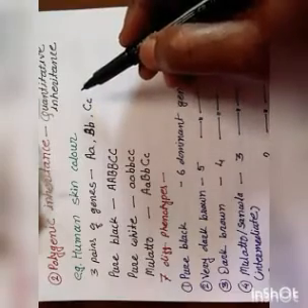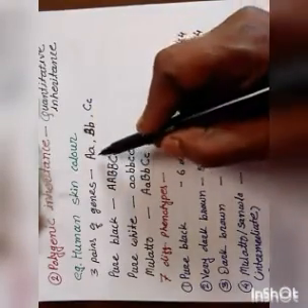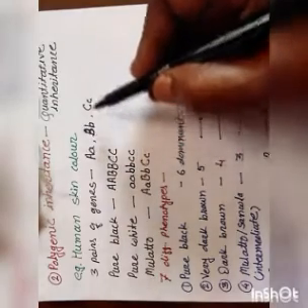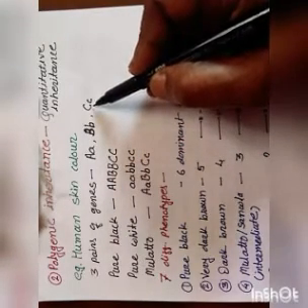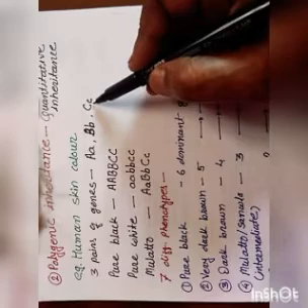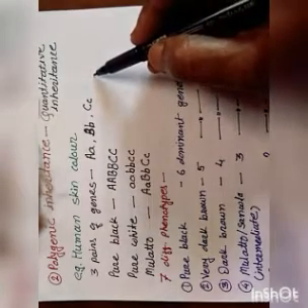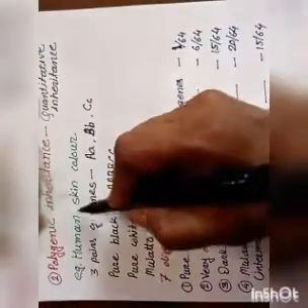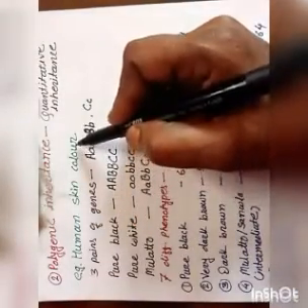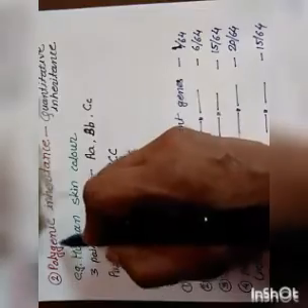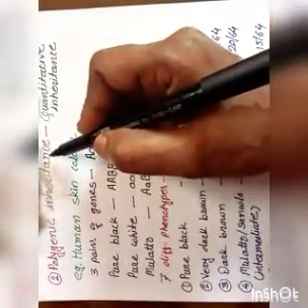In man, gene A, gene B and gene C, these 3 different genes are responsible for the expression of a single trait or character, the skin color. That's why it is an example of polygenic inheritance.